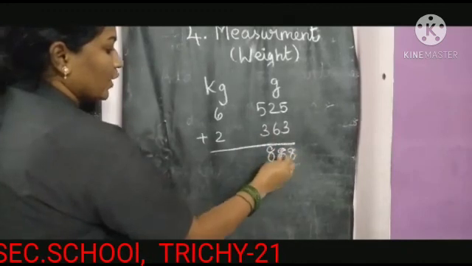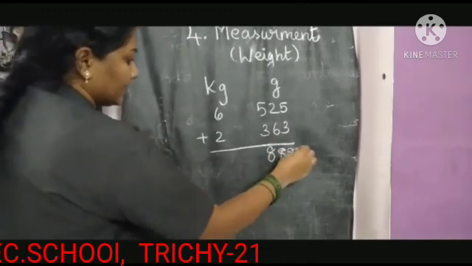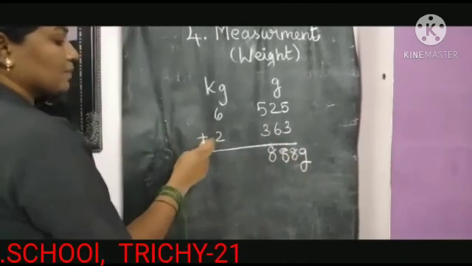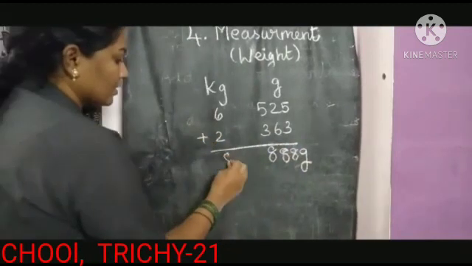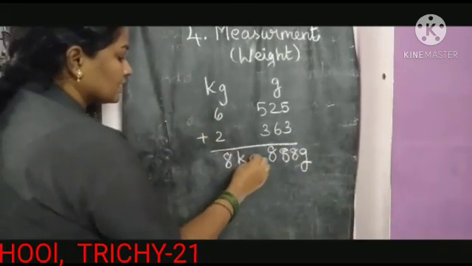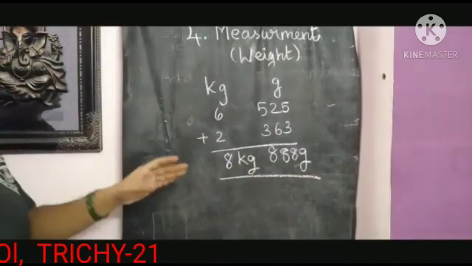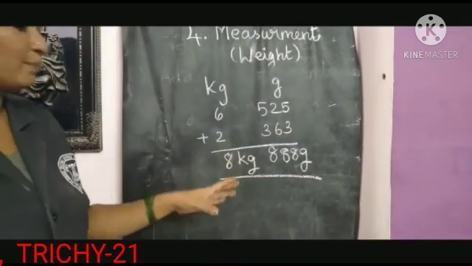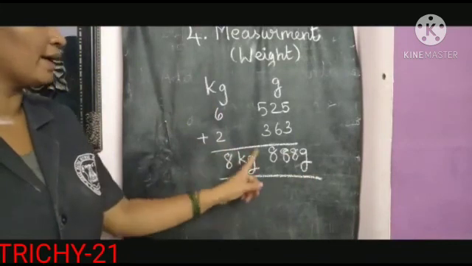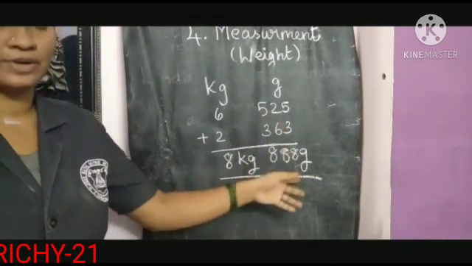So 888 grams. 6 plus 2, 8. So the answer is 8 kilogram, 888 grams. Very simple.